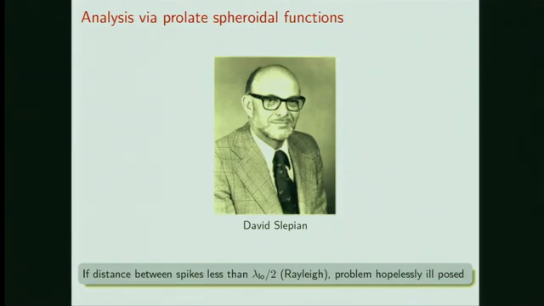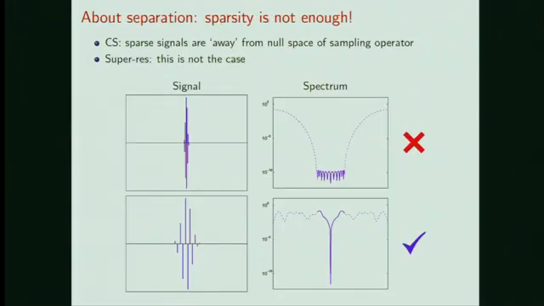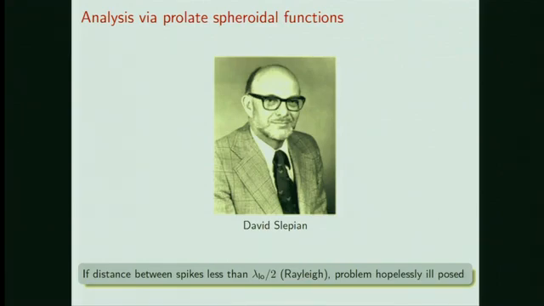Now, there's one guy, a hero of mine, who understood this extremely well. In fact, he understood this picture extremely well, and that's David Slepian, who spent a great deal of his life working on prolate spheroidal functions. I cannot really talk about his work, but basically the message of his work is that if the distance between the spikes is below the Rayleigh distance, then you have the ill-posedness of band-limited extrapolation.